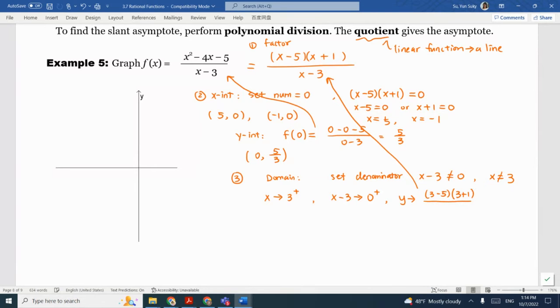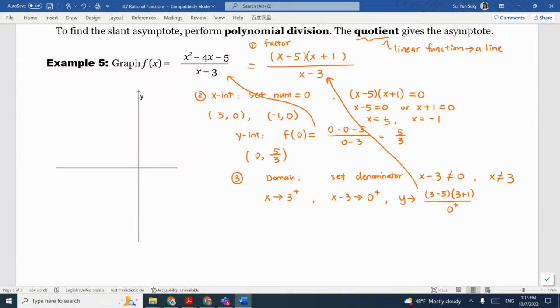Denominator, x minus 3 is 0, but 0 plus. You see? It's very important whether it's plus or minus, right? Because 1 over 0 plus is infinity, and 1 over 0 minus is negative infinity. It's like heaven and hell.